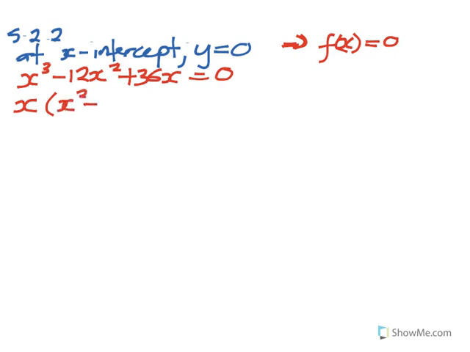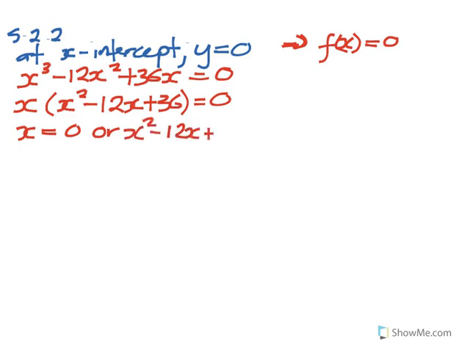So here I will have x squared minus 12x plus 36 is equal to 0. Now this is algebra. Now this means x is equal to 0 or x squared minus 12x plus 36 is equal to 0. So now if you continue to solve that one, put it in brackets again. If you simplify it, you're going to have x minus 6.